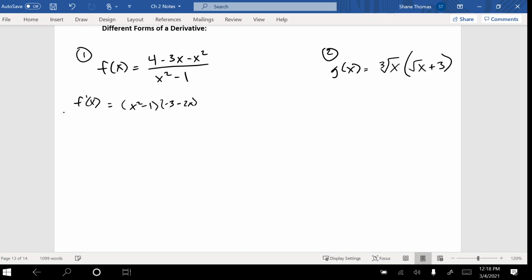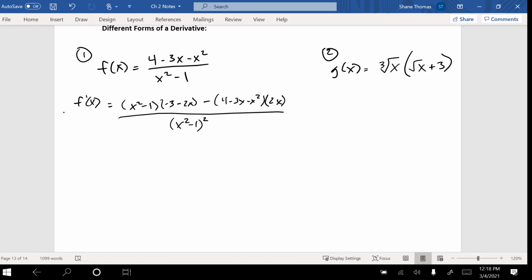Okay. Low, d high, minus high, you got the whole thing, minus 3x minus x squared, d low, derivative of the bottom is just going to be 2x, over square what's below. X squared minus 1, squared. We good so far? Okay.